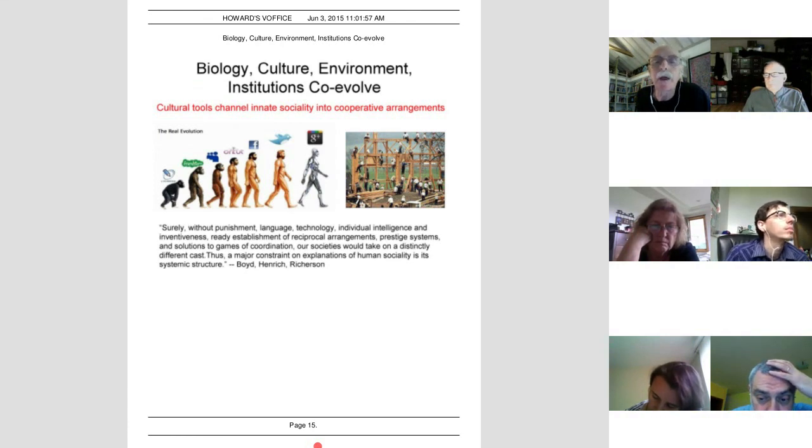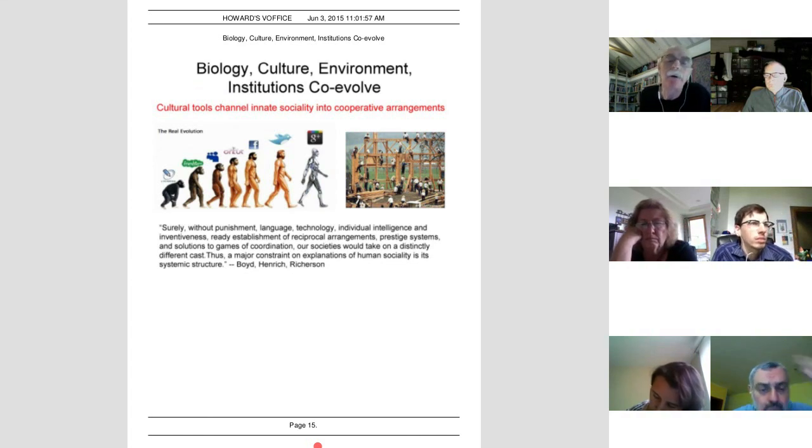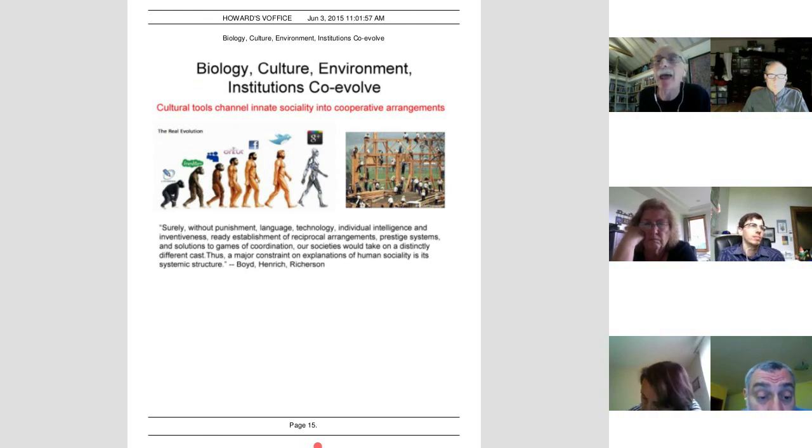People who do things that are admired by others get a higher placement in their society. And sometimes that works well, and sometimes it doesn't. And solutions to games of coordination are societies who take on a distinctly different cast. Thus, a major constraint on explanations of human sociality is its systemic structure.